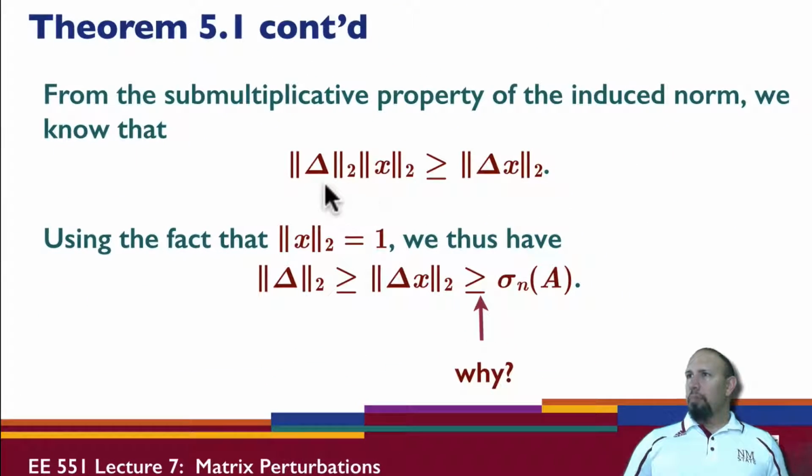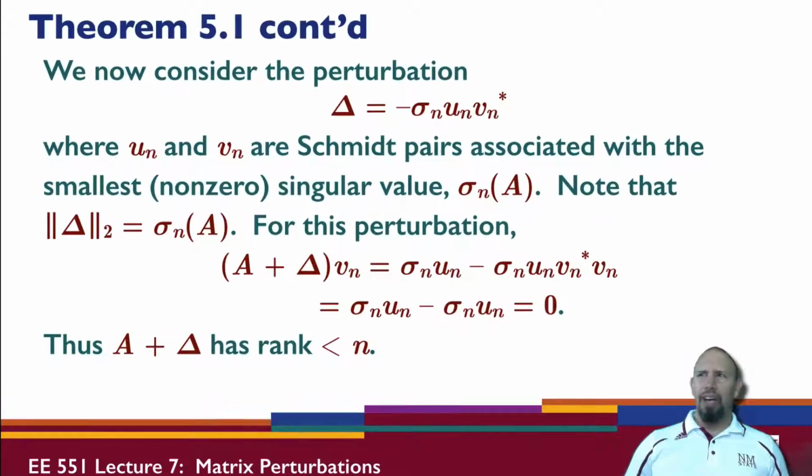If I break that up, the delta 2 norm times the x 2 norm is greater than or equal to this quantity. The fact is that this x has norm 1, and so we can drop that. So the 2 norm of delta is greater than or equal to this quantity, and this quantity is greater than or equal to that. We just showed that already. So that's what we're looking for.